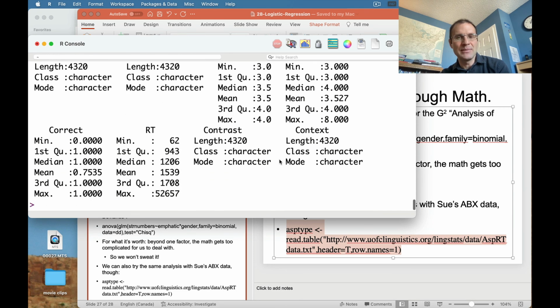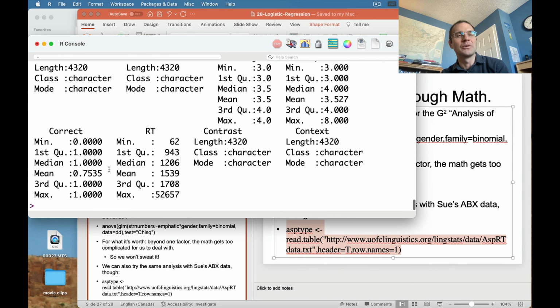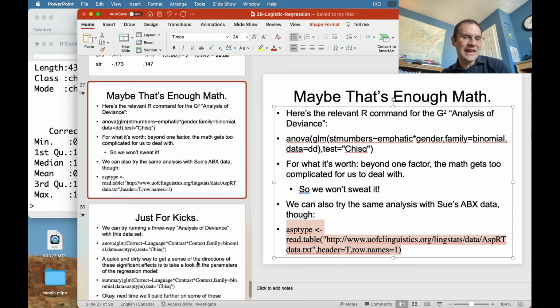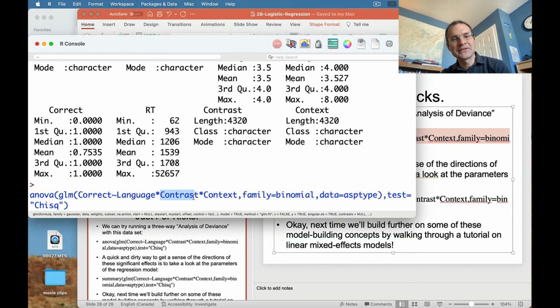So remember, this was an ABX study where you heard two different stop types, A and B, and then you heard a third, X, and the job was to match X with either A or B. So X was one of the first two, and you had to figure out which one it was. People got that question right about 75% of the time, but did their ability to make that matching depend on their native language, what kind of contrast they were listening to, and what kind of voicing appeared in the stop itself? We walked through this data multiple times.